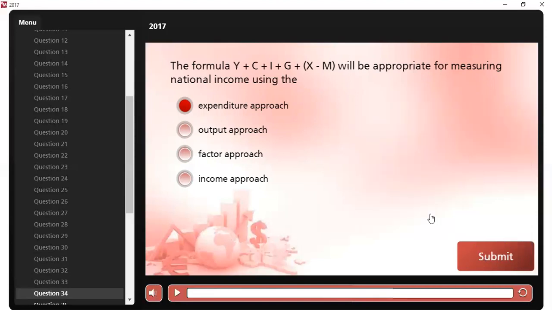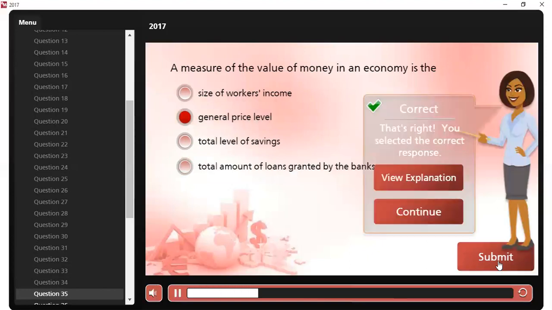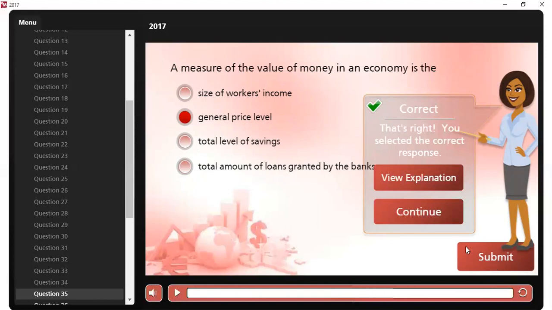So that is the right answer. All right, question 35. A measure of the value of money in an economy is the general price level. Yes, B. It's the general price level because the higher the price level, the lower the value of money. Likewise, vice versa.